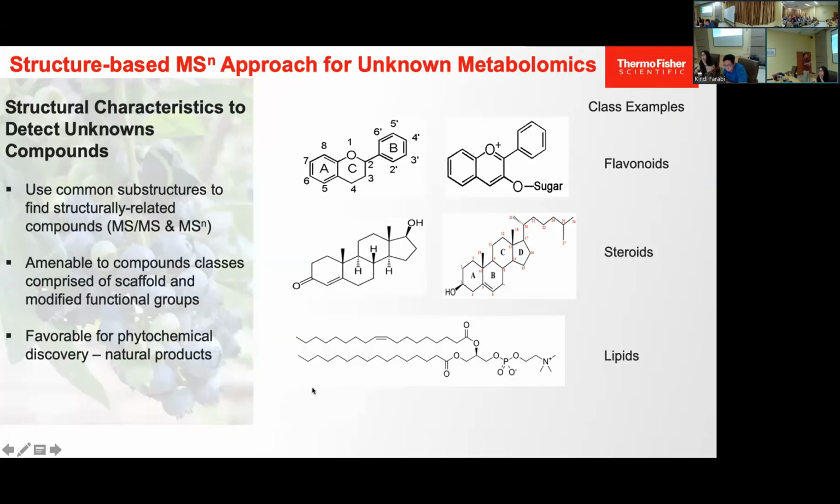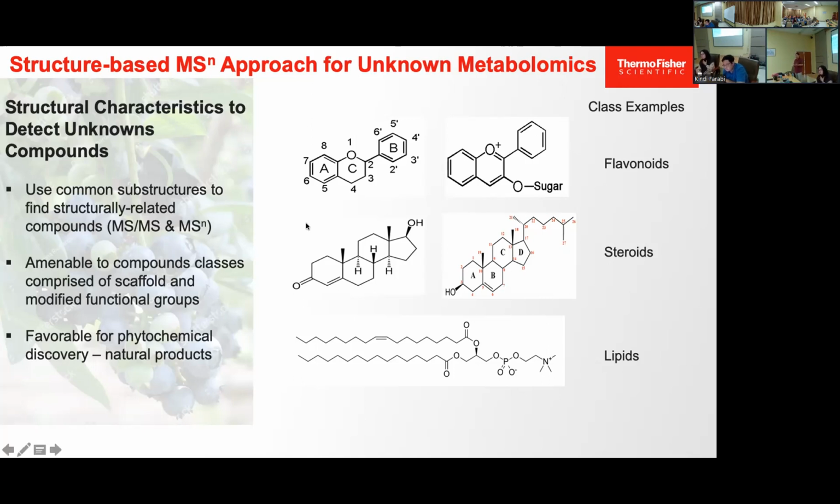Okay, so structural basis for unknown metabolomics. We can have lipids, and a lot of people are interested in lipids now. It can be on steroids and it can be on flavonoids. If we use a common substructure, then you are able to find the same structure skeleton.